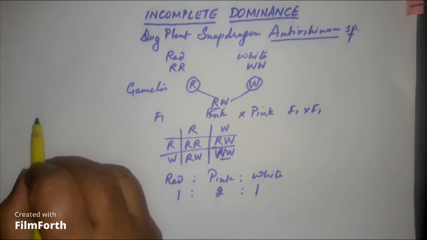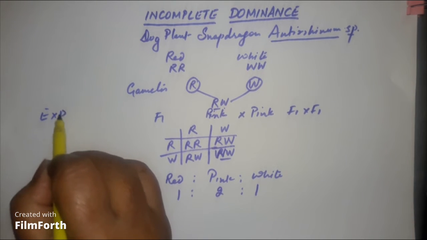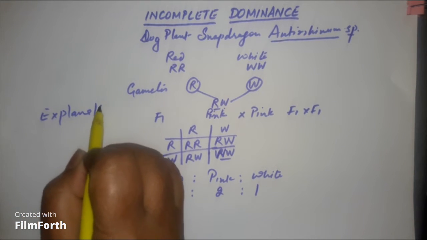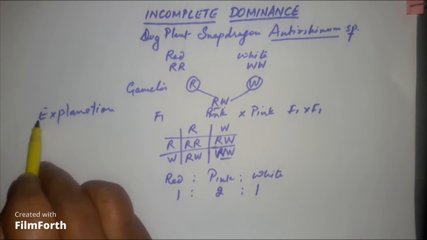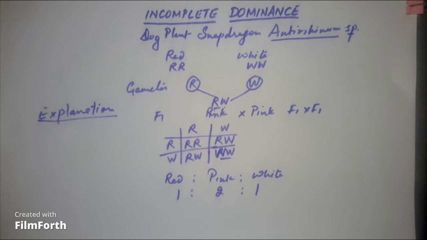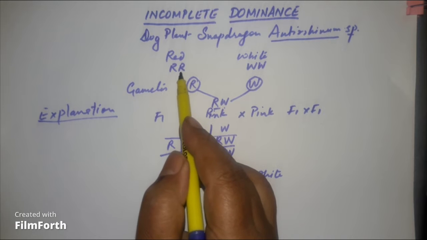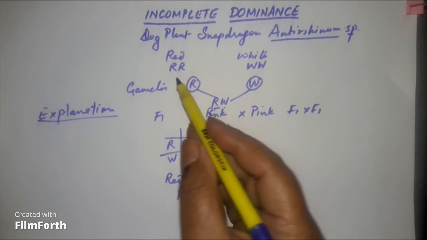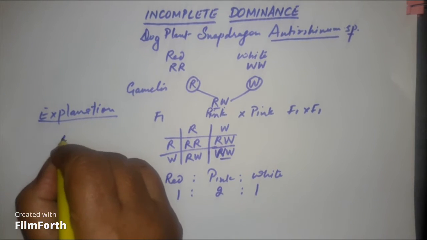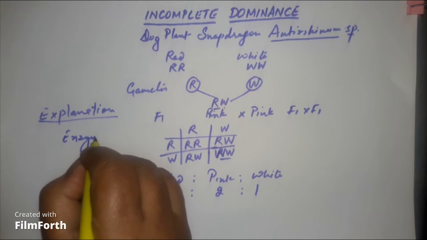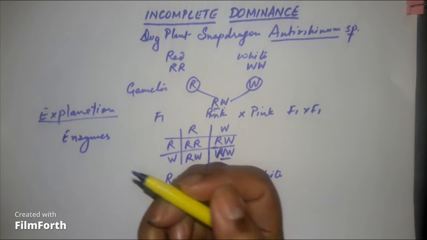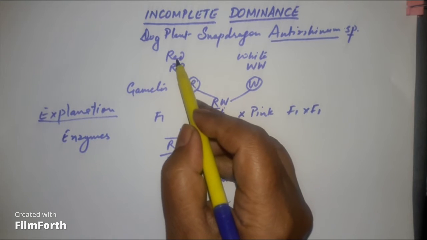Now what is the explanation? What is the reason? You know, some of the enzymes are responsible for production of pigment. This is the snapdragon.